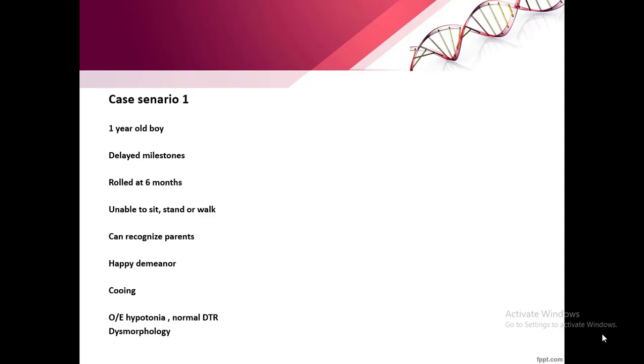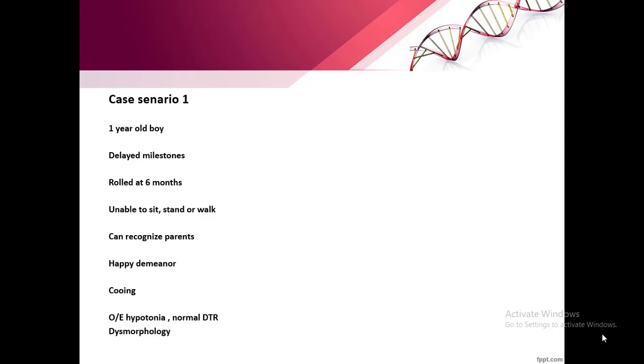I would like to present one of the common cases that is faced in the clinical practice, especially in pediatric neurology or cardiology, that represents one example of chromosomal disorder. A 1-year-old boy who has delayed milestones, and why?